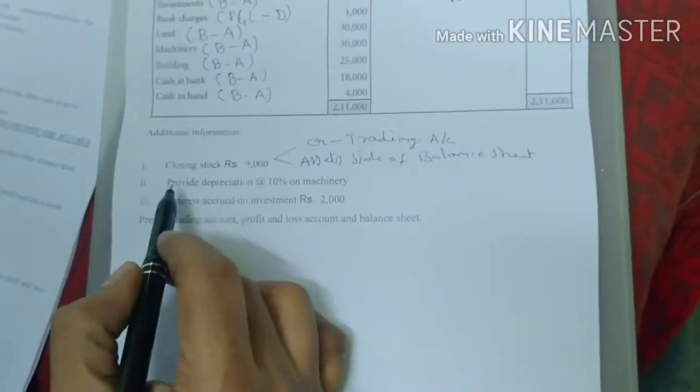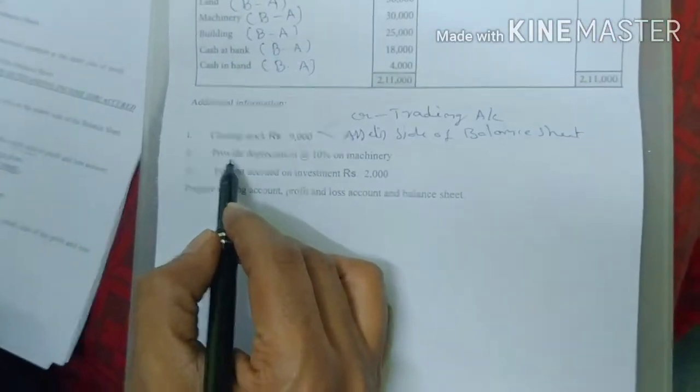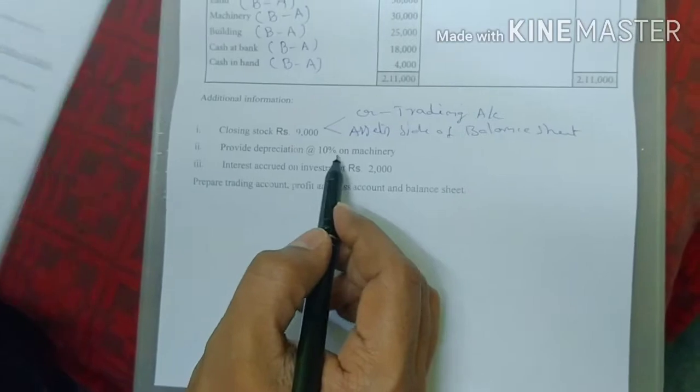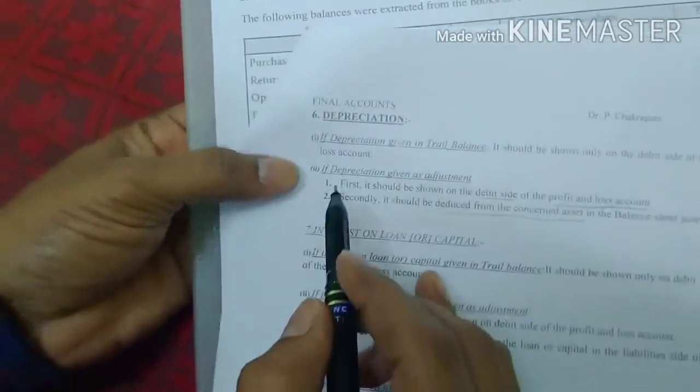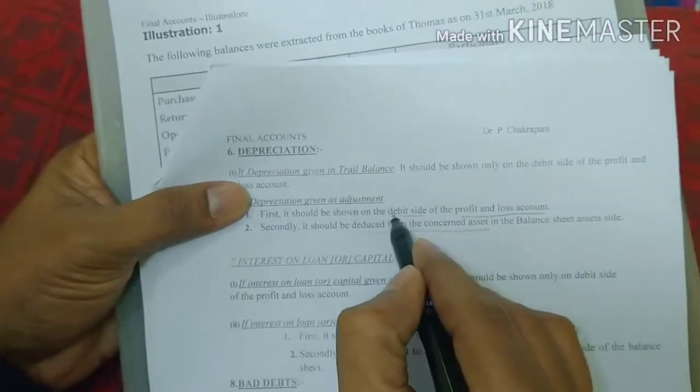Next, provide depreciation at 10% on machinery. Look here, whenever depreciation is there in the adjustment, this is the treatment.